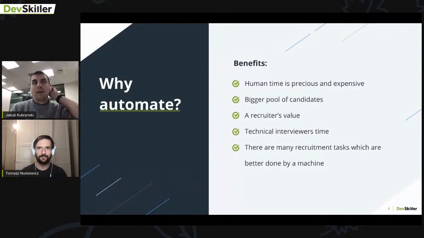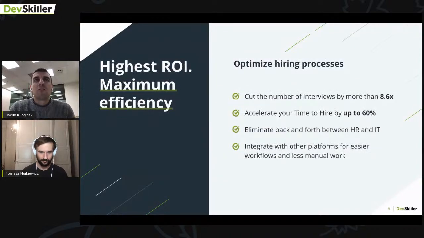Yeah. So in terms of why automating, we need to think about what's the ROI, because we don't want to invest our time and do something if we are not going to get anything in return. And so basically, when we talk to our customers, they're able to extremely improve the recruitment process. So cutting the number of interviews by almost 10 times. So it means 10 times fewer interviews. We're interviewing 10 candidates instead of 100.